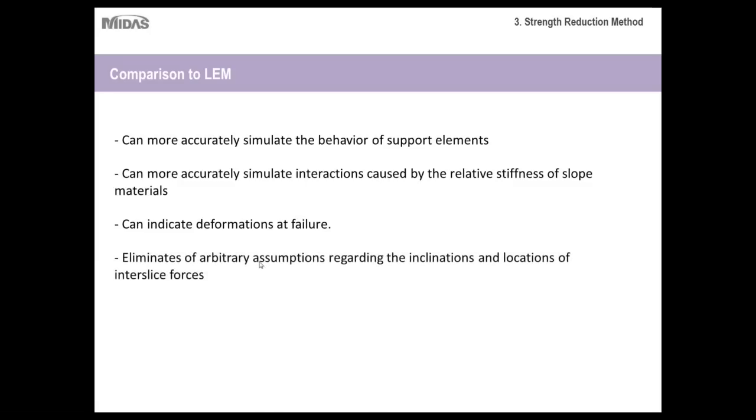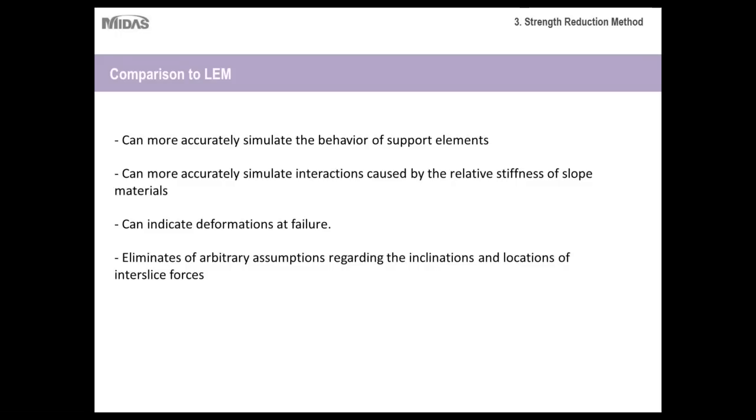And it eliminates arbitrary assumptions regarding the inclinations and locations of interslice forces. With the limit equilibrium method, you're making various assumptions that might lead to values or results that may not be something you'd want.